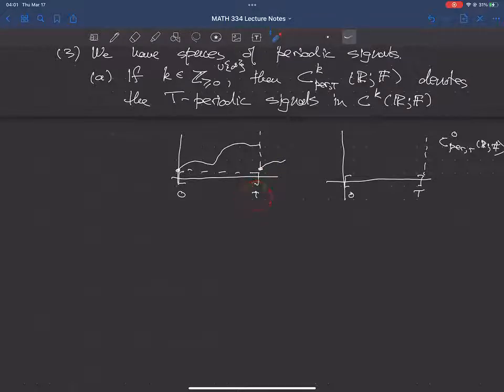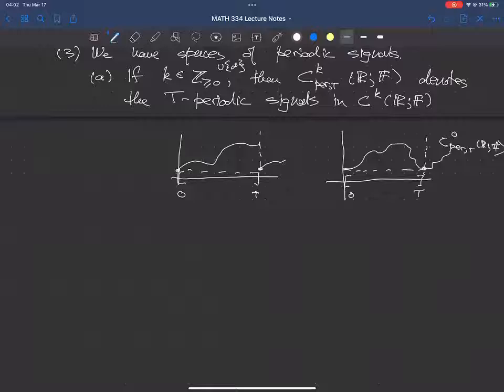Okay, so that's what I mean when I say the CK here applies to R, not to a period. And so what you would need for the signal to be in C0 per is for the values to match up at the endpoints. So you need a signal that kind of looks like that. The values match up there, so that when you draw the next period, it's continuous at that point.